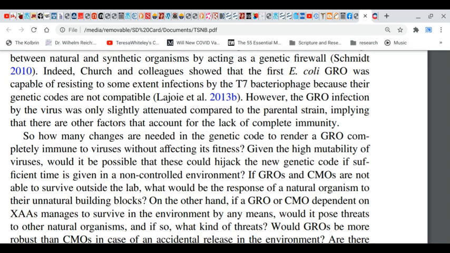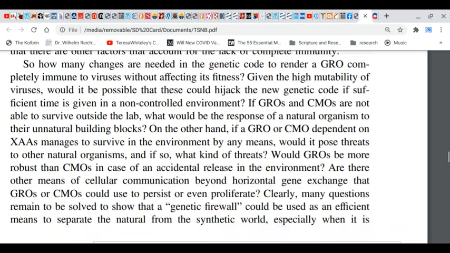On the other hand, if a GRO or CMO dependent on XAAs manages to survive the environment by any means, would it pose threats to other natural organisms? And if so, what kind of threats? Would GROs be more robust than CMOs in case of an accidental release in the environment? Are there other means of cellular communication beyond horizontal gene exchange that GROs or CMOs could use to persist or even proliferate?